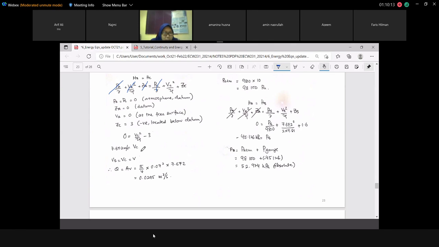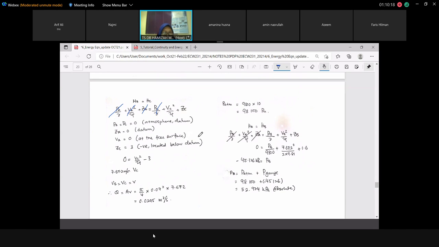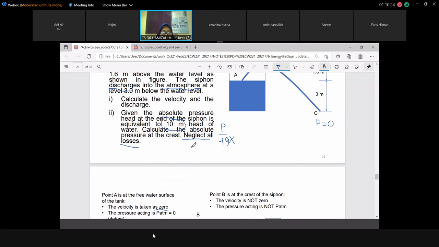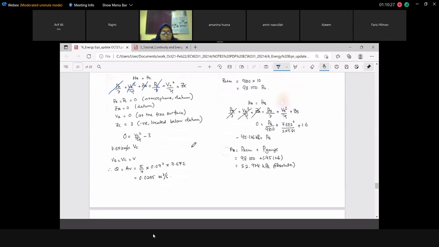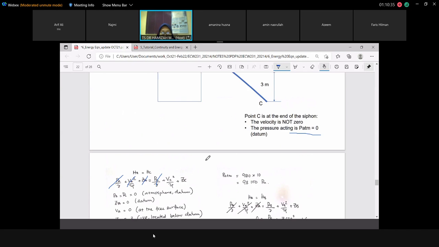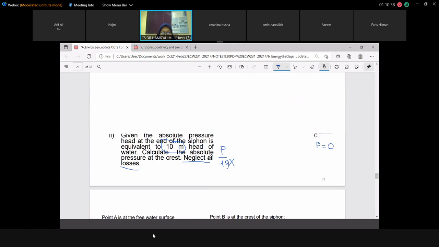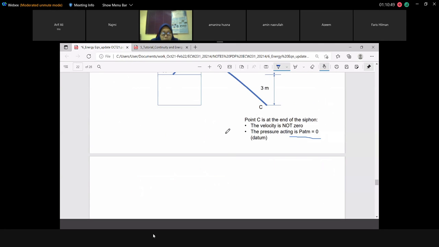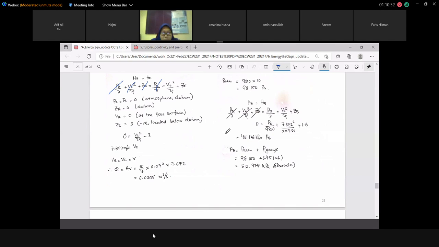Okay, so we substitute the value of VC. VC is 7.672. Where did it get 7.672? It is calculated from the siphon discharge. That is -3.